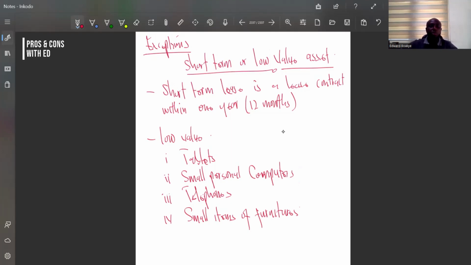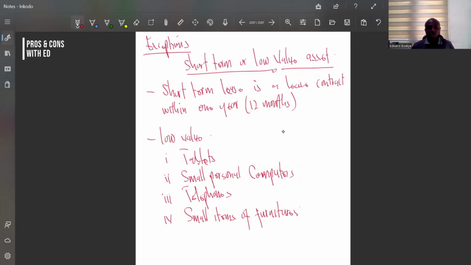Then the lessor treats it as income. You do not control the asset. It's just within 1 year. I use the asset within 1 year. Take your asset, take your money. Let me also recognize it in my income statement or P&L. That's all.